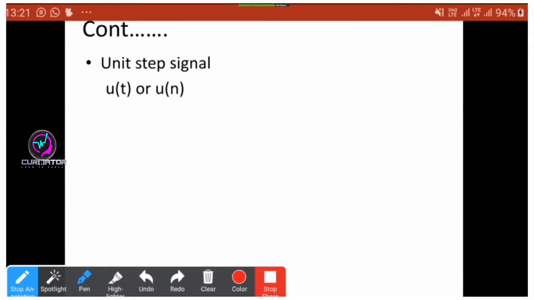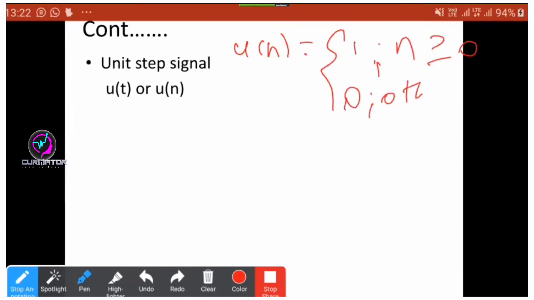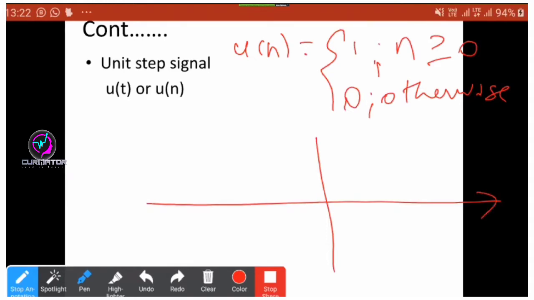Let me show you the discrete time signal's definition and graph too. U of n is equal to 1 for n greater than or equal to 0, 0 otherwise. This is the mathematical definition, and let me plot a graph for this. Here I will note it as n. Here it is 0. Here u of n.